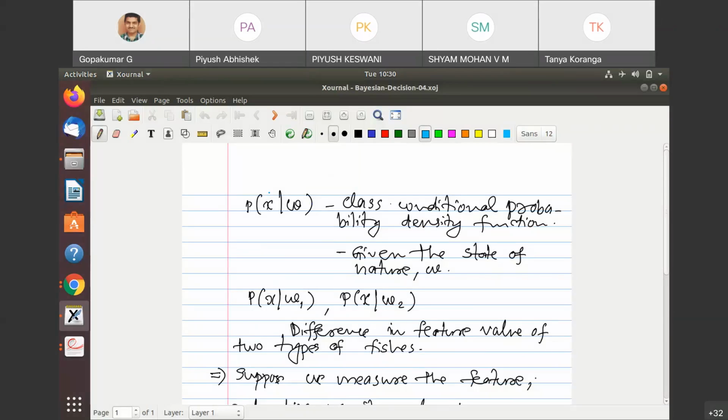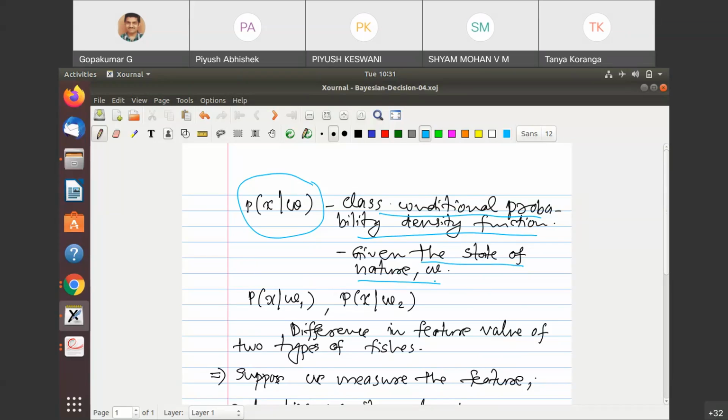Now we have an additional probability along with the prior probability. That is called the class conditional probability density function. It's an additional probability that we get after observing the fish that arrive on the conveyor belt. It's a conditional probability, so the state of nature is given.